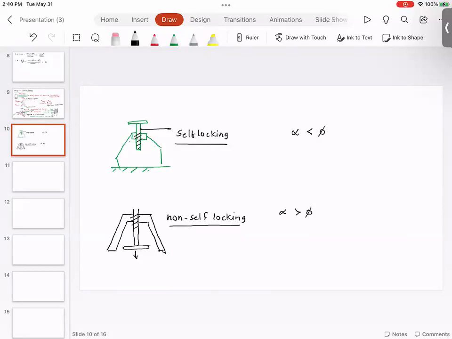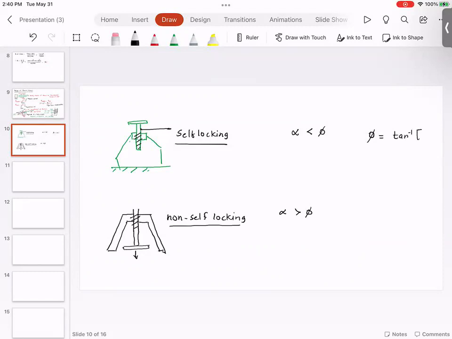Now here is something that I want you to think about. If you have a self-locking screw, but you increase the lubrication, then the coefficient of friction goes down. When the coefficient of friction goes down, the friction angle goes down. So sometimes if you have a self-locking screw, but you add too much lubrication, then that self-locking property is lost, as the coefficient of friction mu dictates the value of phi.